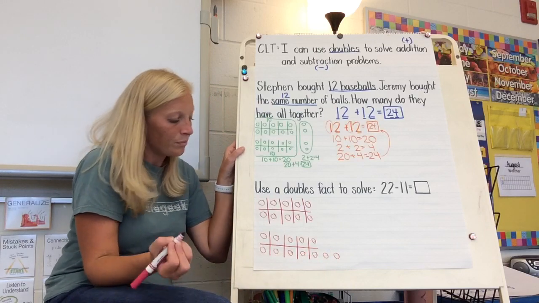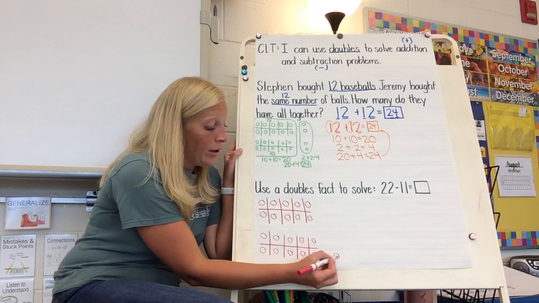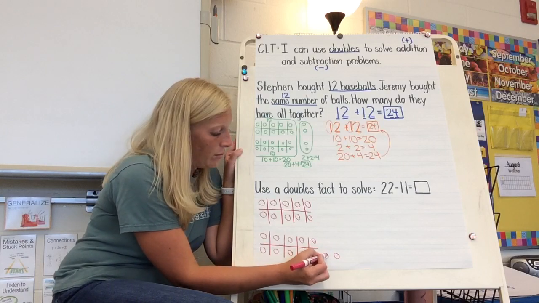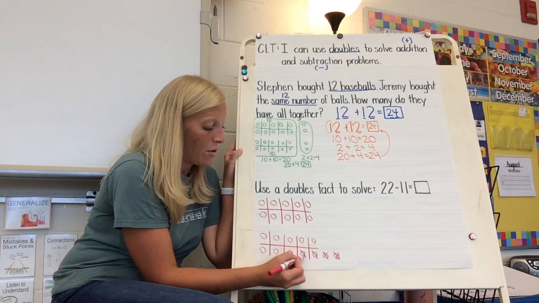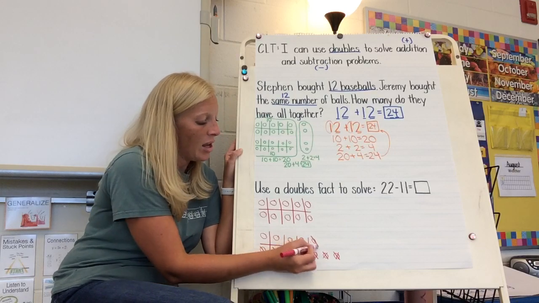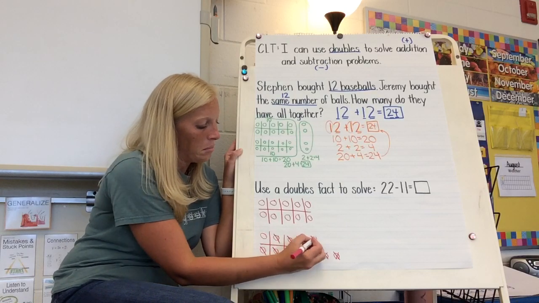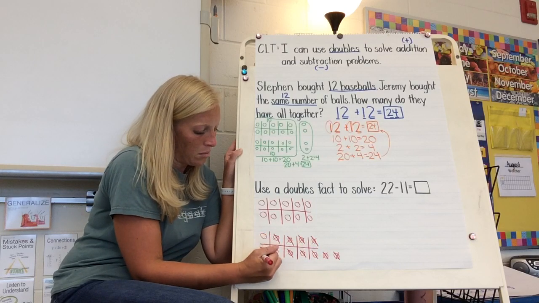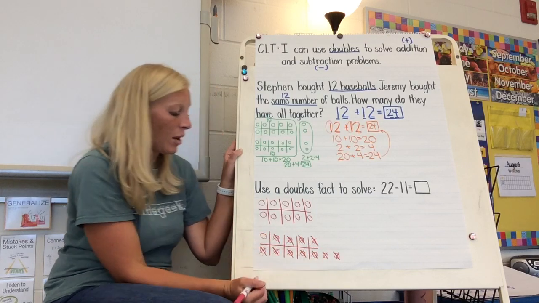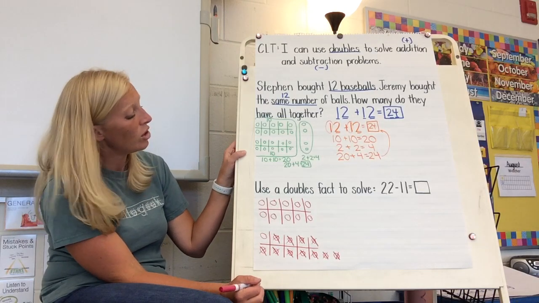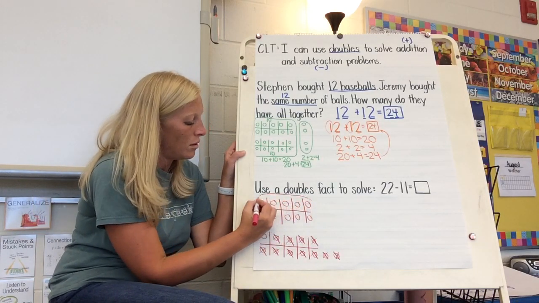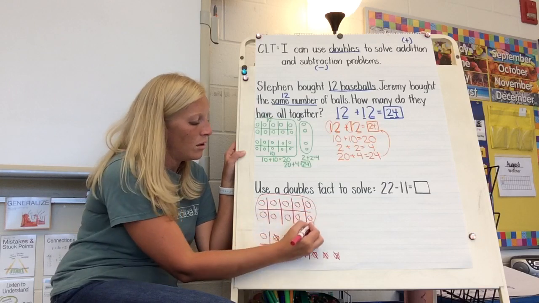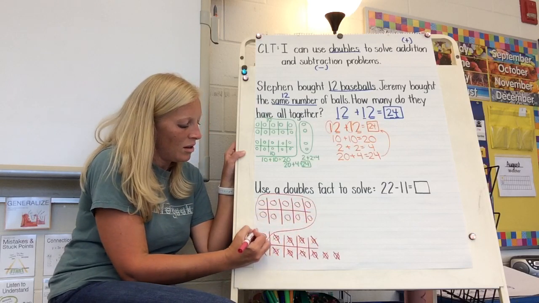Okay. Take away 11. 3, 4, 5, 6, 7, 8, 9, 10, 11. Okay. And what did you have left? 10.